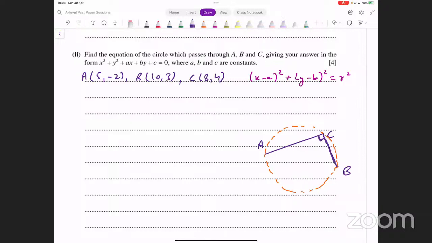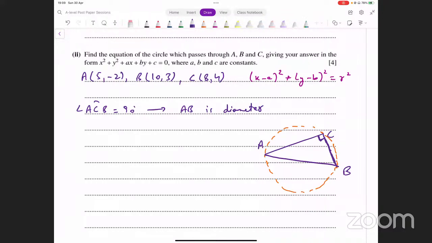So if AB is making a 90 degrees on the circumference of the circle, that necessitates that AB is a diameter. Okay, so if angle ACB is 90 degrees, इसका मतलब क्या है? AB has to be the diameter of the circle. And if you're able to figure that out, the rest is pretty straightforward after that.